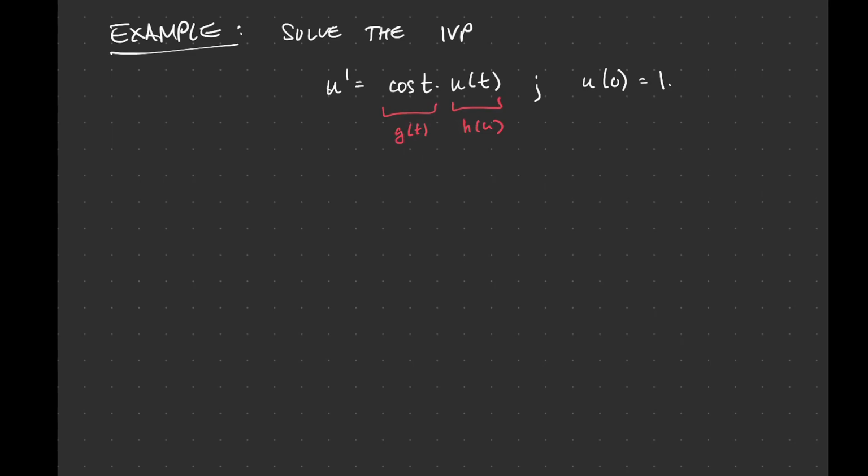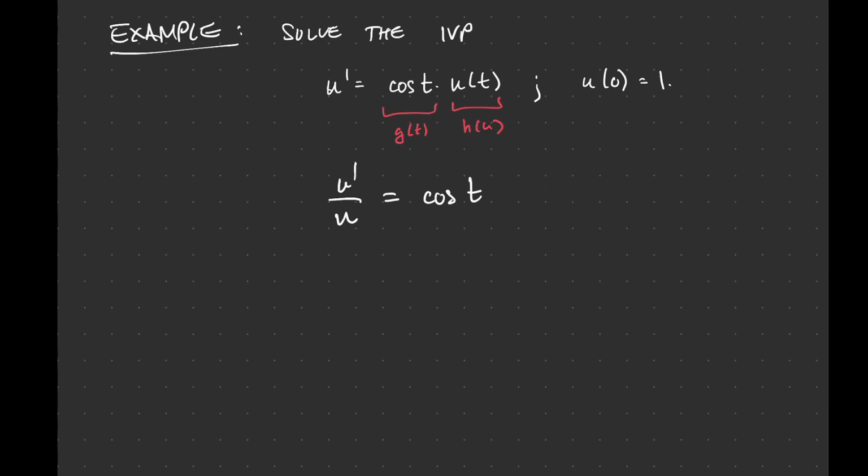How do you separate variables? Well, you grab the functions of one variable and bring them to one side, and the functions of the other variable and bring them to the other side, and integrate. Okay, so what we'll see, we'll divide both sides by u, and we'll get u prime over u equals cos of t.